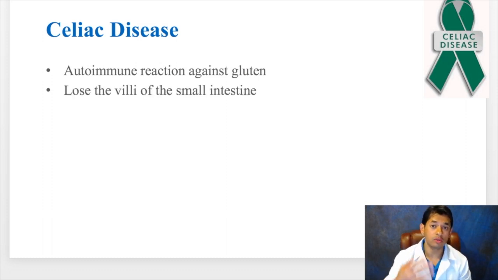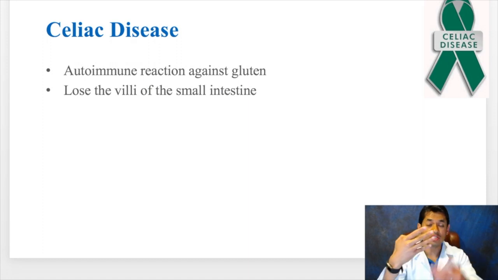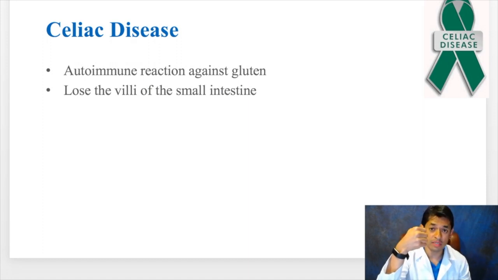Your small intestine normally has these villi, which are used to absorb nutrients and food and vitamins. When you ingest gluten and you have celiac disease, you actually shave off these villi. It's almost like having blades of grass, and then the gluten just cuts off those blades, so your small intestine is flat.